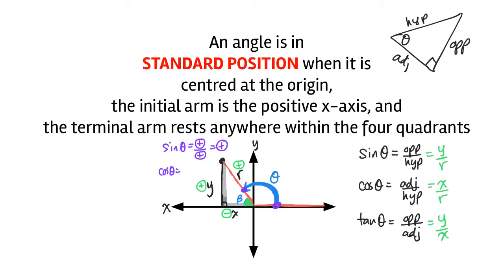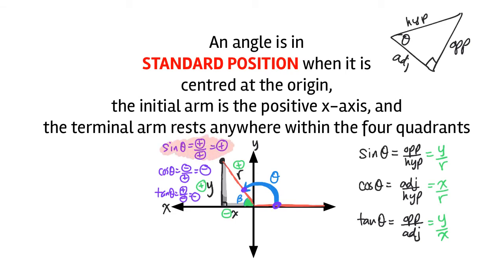So we have this negative value of x over a positive value of r. That means we're going to end up with a negative over a positive, so overall a negative value. And same thing with tan. Because tan also incorporates the x value, which is negative, then we have y over x, which is a positive over a negative, and we're left with an overall negative value. So if you remember from grade 11, in this quadrant over here, sine is our only positive trig ratio.